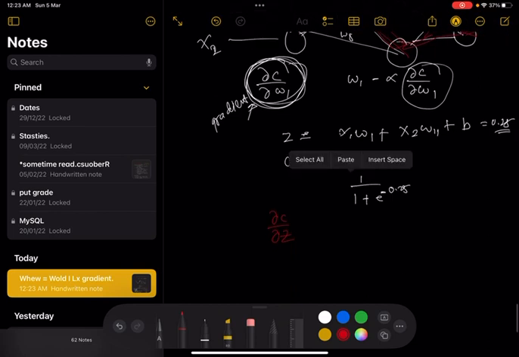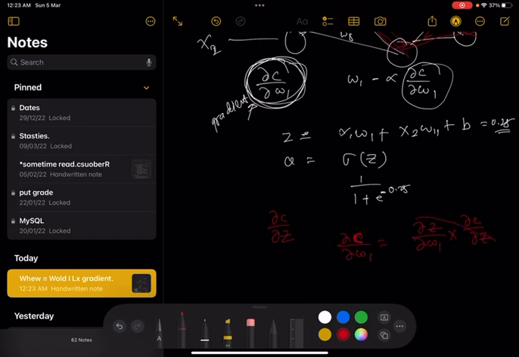Because dC/dw1, the derivative of the cost with respect to w1, is nothing but dz/dw1 times dC/dz. So this is how we get dC/dw1.